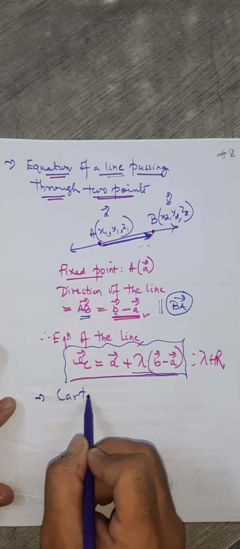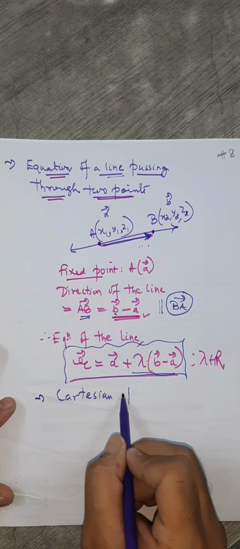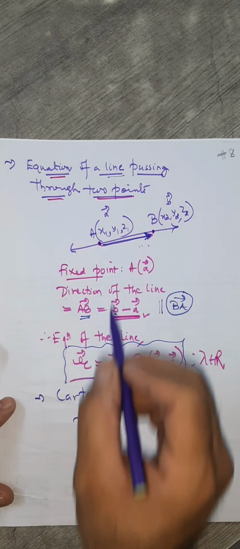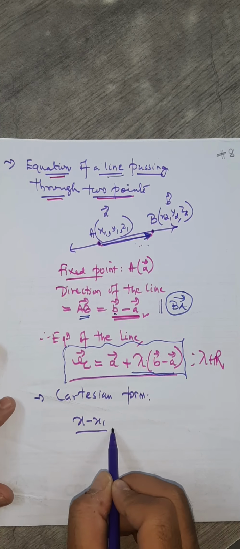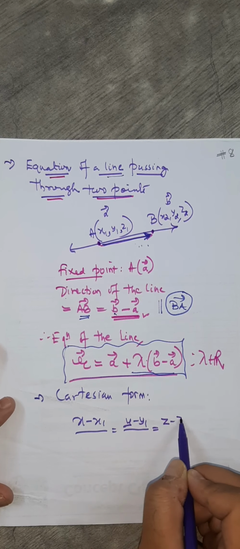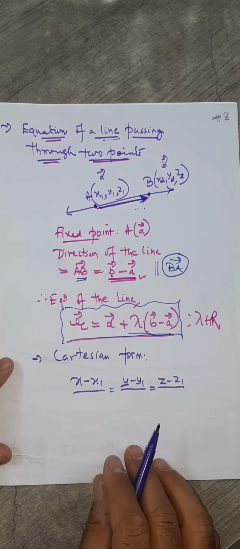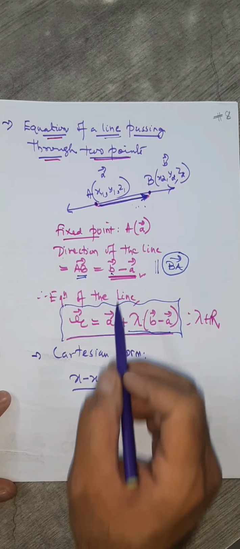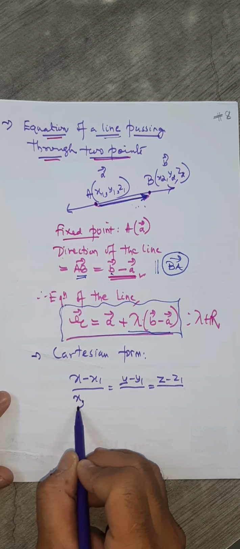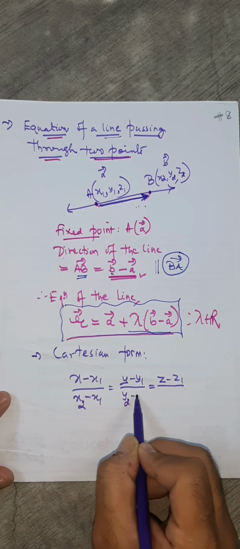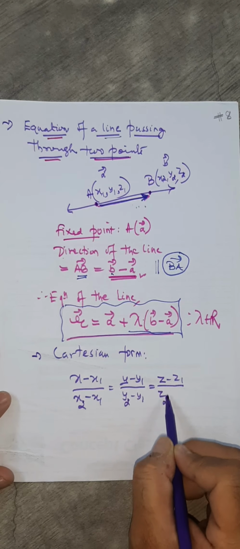If I write the Cartesian form, how do I write it? X minus x1 (it passes through the fixed point), y minus y1, equals z minus z1. Fine. And what about the direction? That is B minus A. So the first component is x2 minus x1, here y2 minus y1 and z2 minus z1.